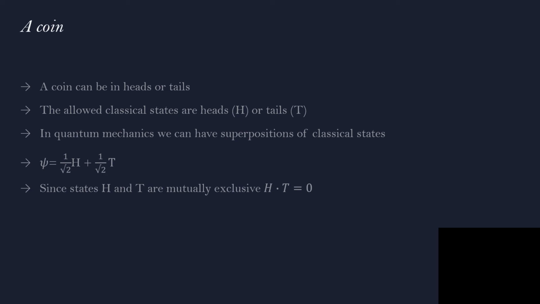Therefore, the inner product between H and T is 0. So H dotted with T is 0. Similarly, due to the nature of the inner product, T dotted with H will be 0. And again, that's because the classical states are mutually exclusive.